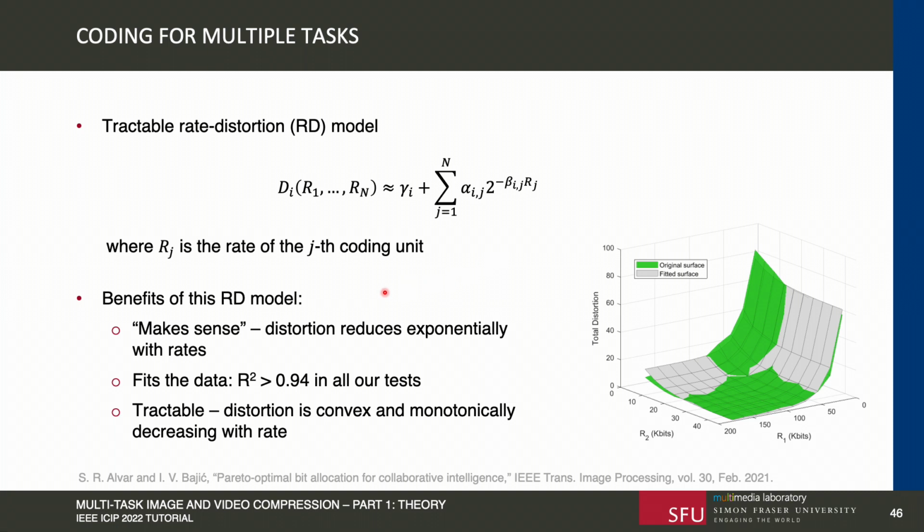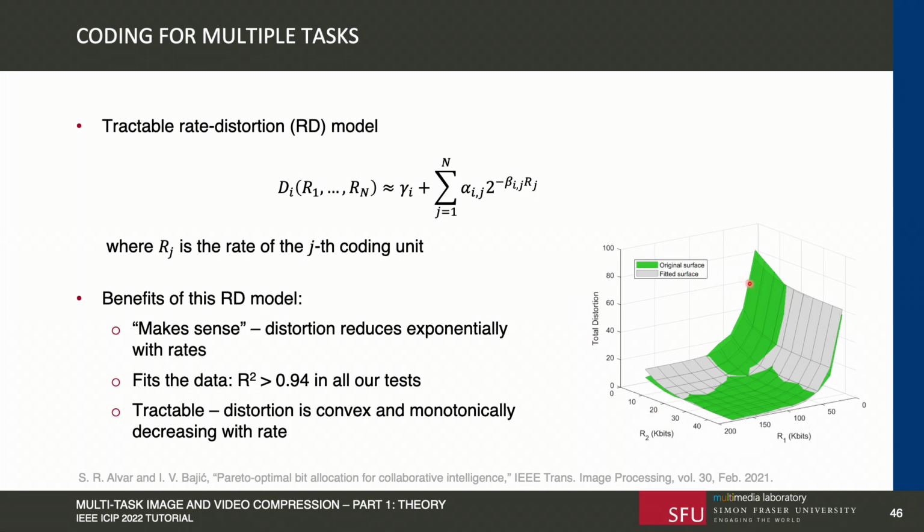Almost as importantly, it fits the data rather well. So on the graph here on the right, we see an example where the green surface is the rate distortion surface of a total distortion of two tasks as a function of two different rates here.